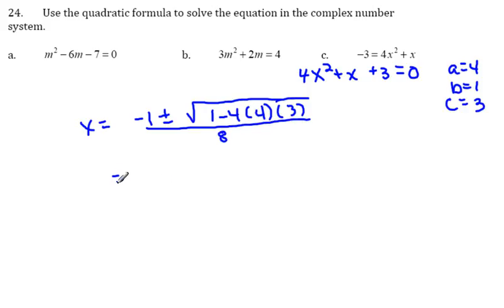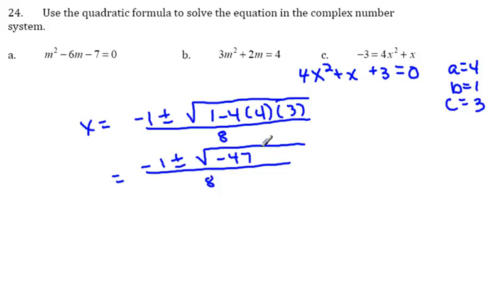So that gives me negative 1 plus or minus the square root of 4 times 4 is 16 times 3 is 48. 1 minus 48 is negative 47 all over 8.